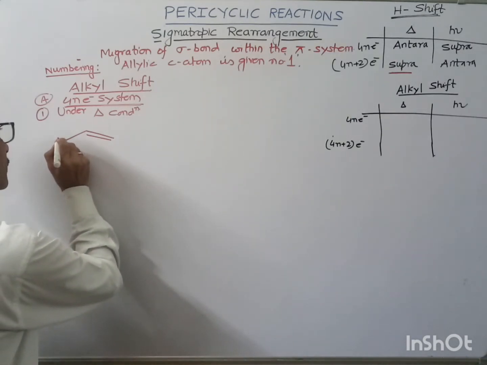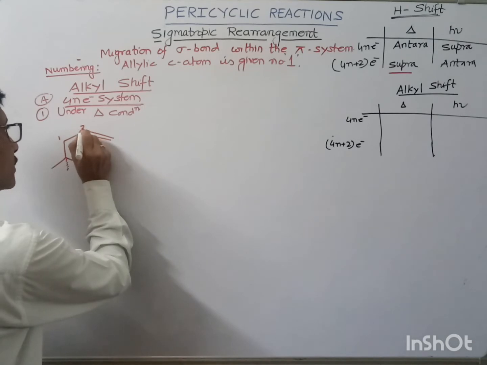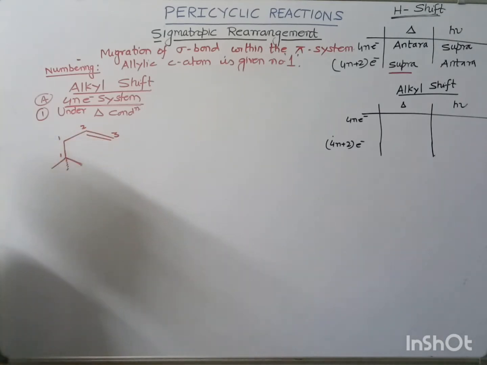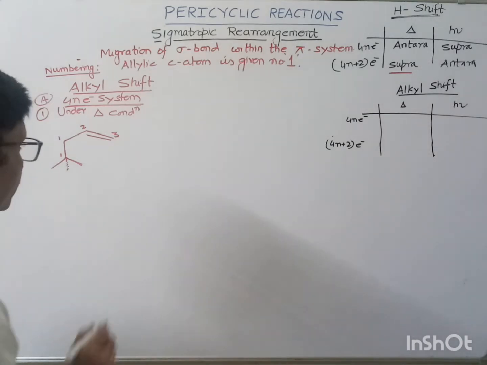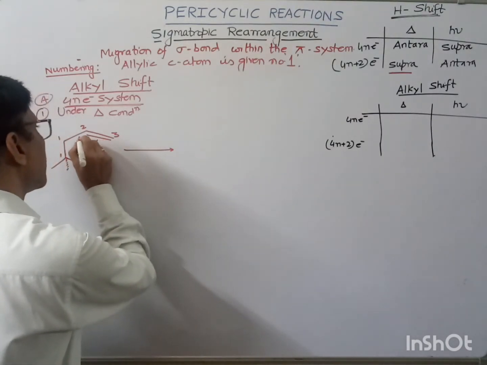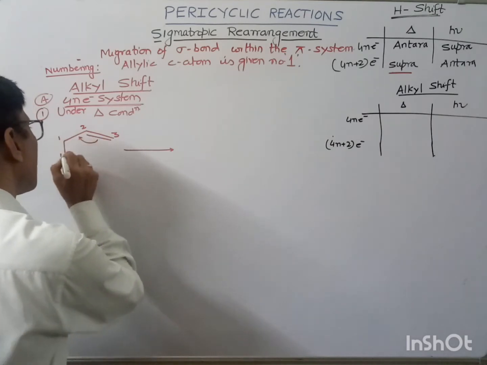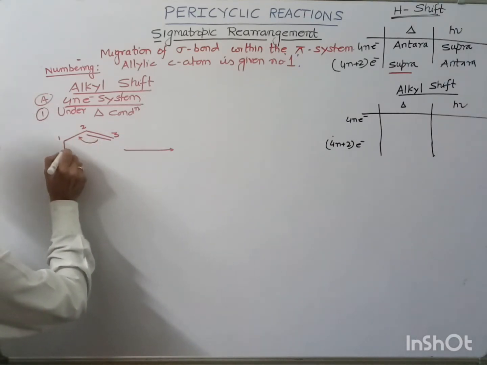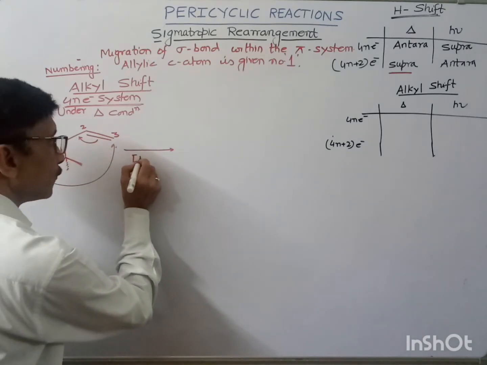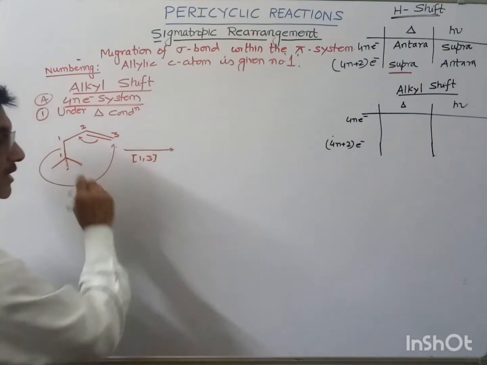Now first of all, like before, I should give the numbers 1, 2, 3, and the alkyl group is also given a number. Now as it gains the energy, the sigma bond, that is the 1,1 bond, will migrate and go over here. So it is a 1,3 shift, but an alkyl shift.